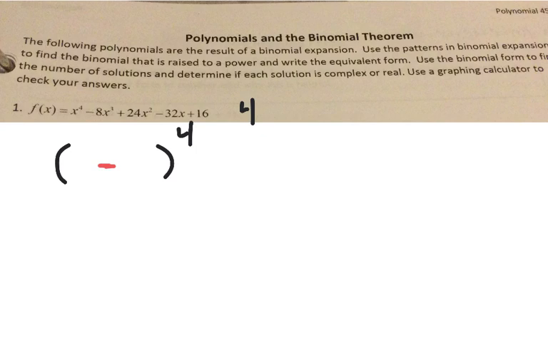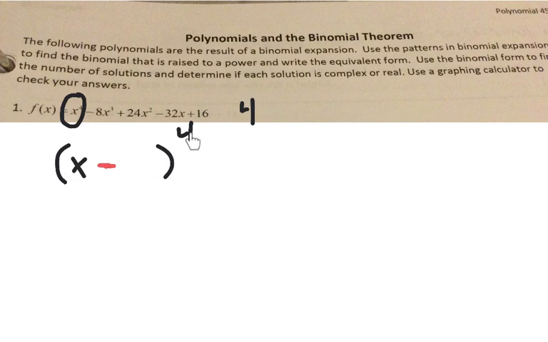Okay, then let's think about the first term here, x to the 4th. So what would need to go in here so that when I raise it to the 4th power, I get x to the 4th? So really I'm taking a 4th root of x to the 4th, and that's x. And then if you think about the last term, this must be the constant to the 4th.